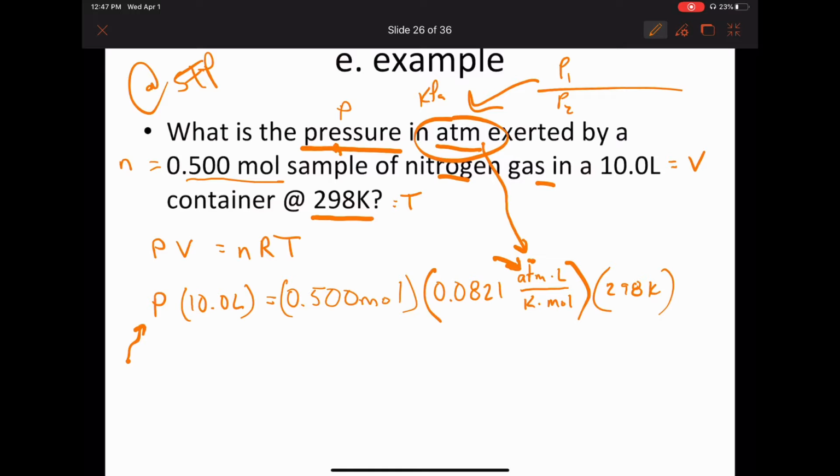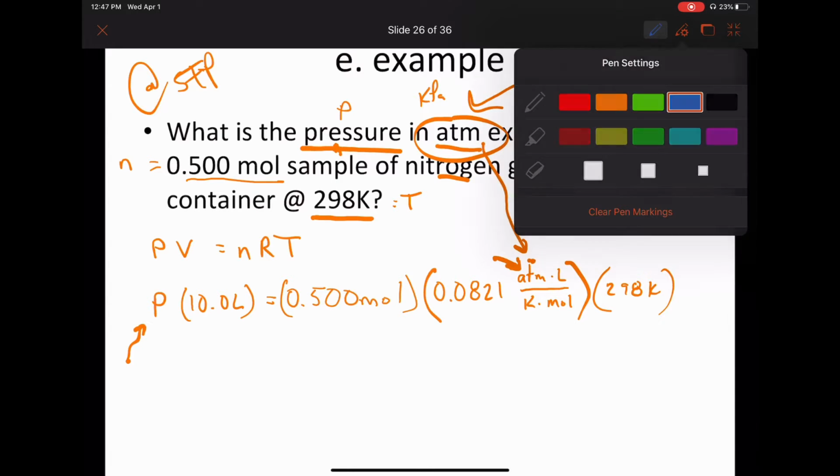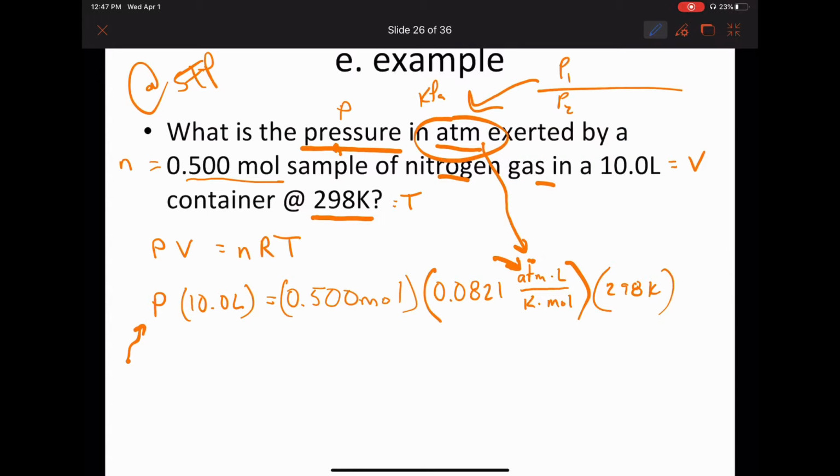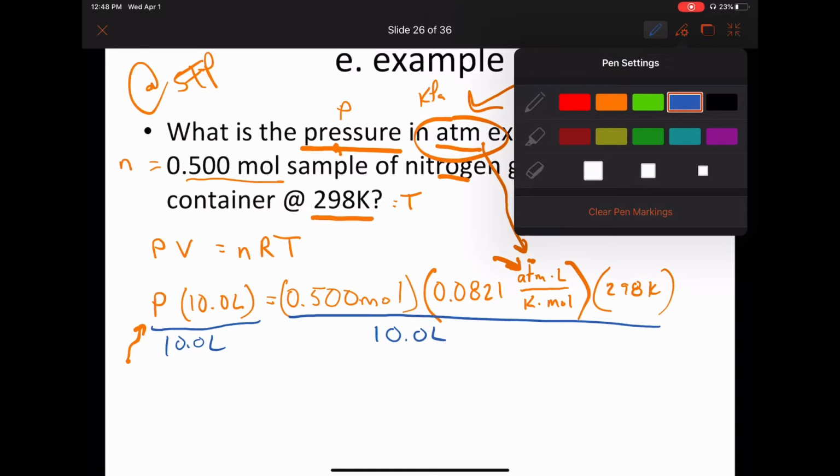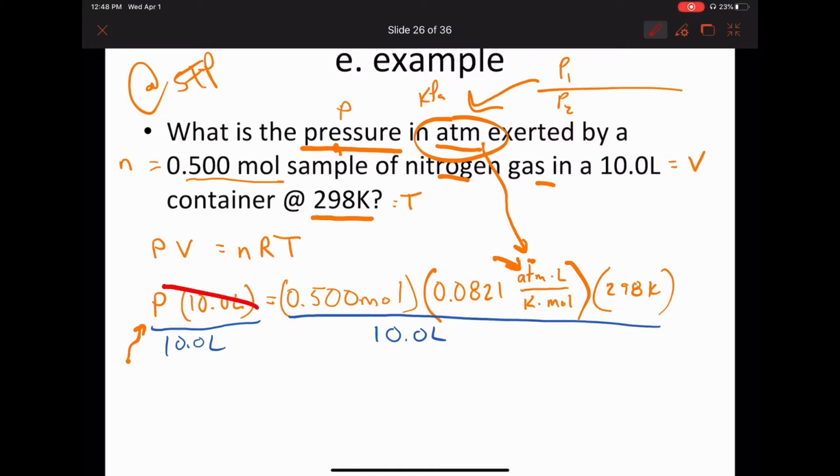All right, so what are you going to do to solve this problem? Yeah, exactly. All right, so you're going to divide by 10 on each side, right? Because we want to get P by itself. Good. And then we divide by 10 there. Great, okay. And what cancels out? Let's change the color. Yeah, the 10, 10.